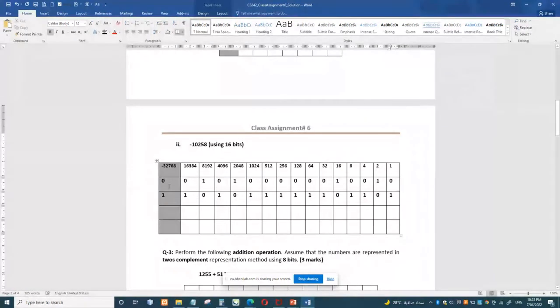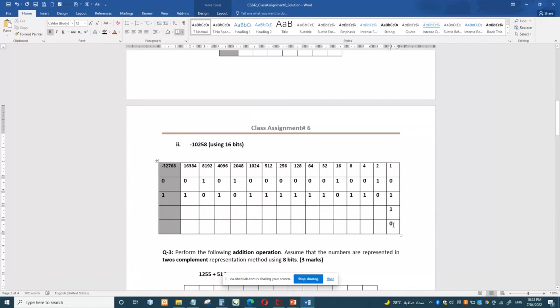So you can see that every bit we have flipped. Now we are going to add 1 to it. If we add 1 to this number, 1 plus 1 is 0.